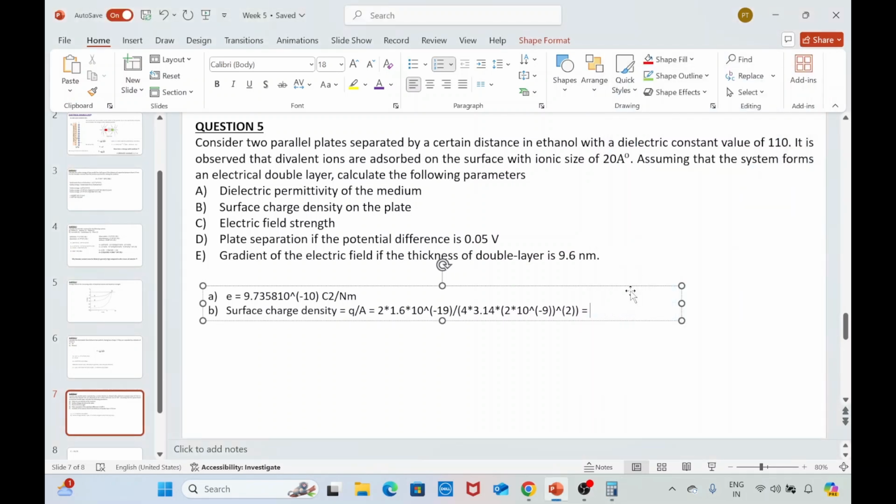So 50.24. So in the top it will be 3.2. The bottom, I mean denominator, it will be 50.24.